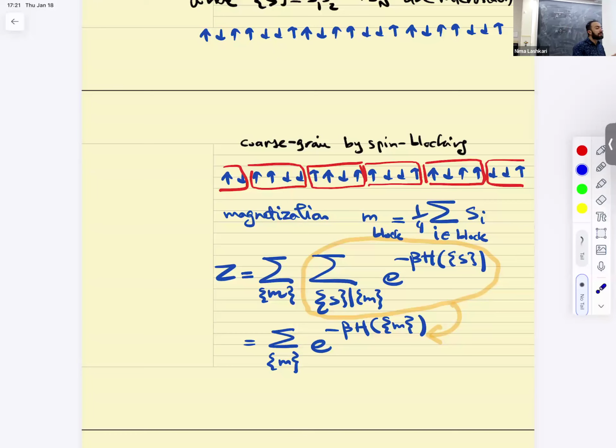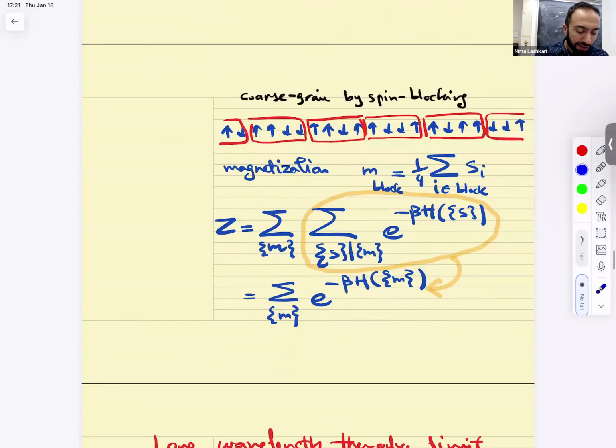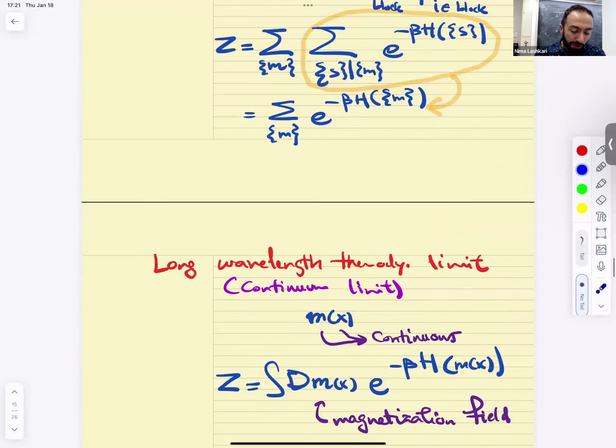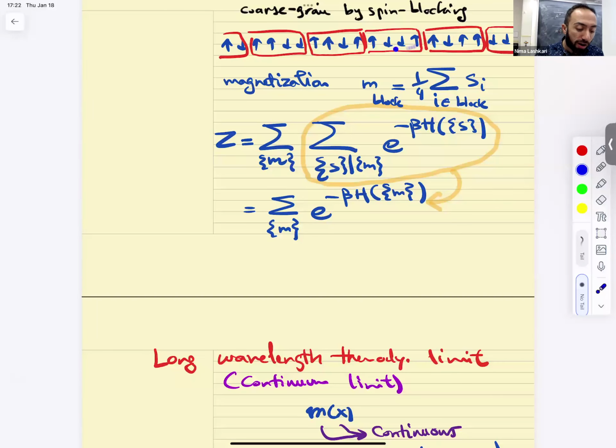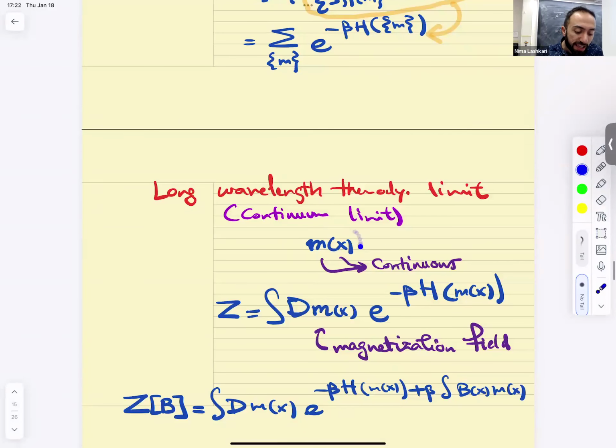So my magnetization basically becomes a continuous variable that takes values from minus 1 to 1, with the vast majority of states averaging to 0. So my m of these blocks becomes, in the continuum limit, m of x, where x, the block index, becomes continuous, and so does m. So it becomes a field.